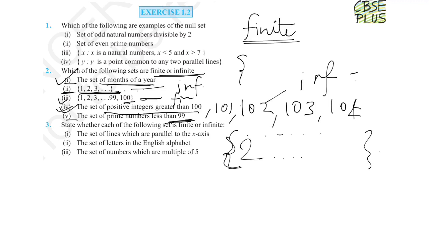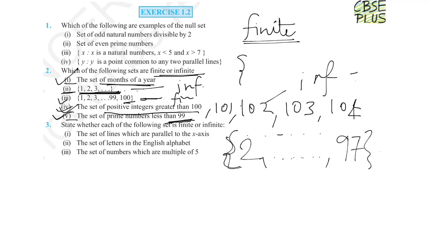When we talk about less than 99, 97 is one prime number which is less than 99. So all the other prime numbers are in between these two prime numbers. So it can be easily counted, and if it is counted, then we can say that this is a finite set. So with this we conclude question 2.